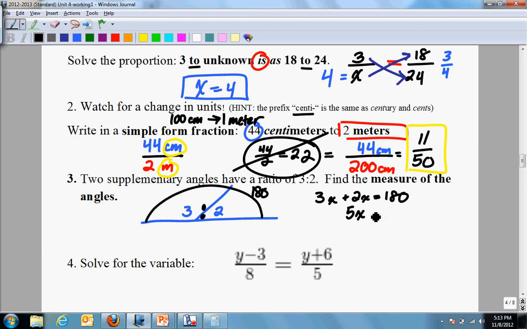So we simply solve here for 180. And we get 36. So 2 times 36, this actual angle measure is 72. This actual angle measure is 108.